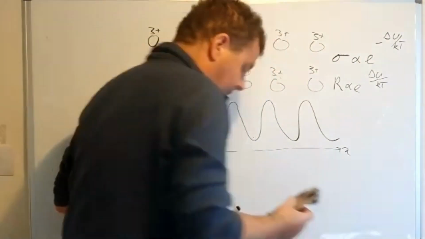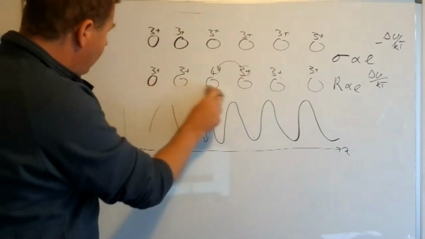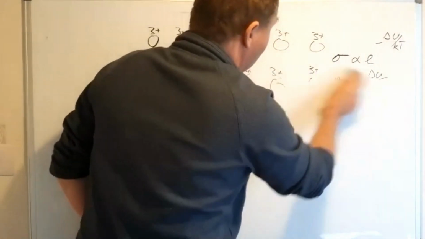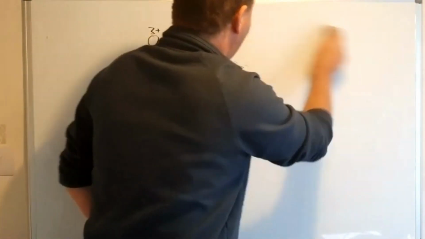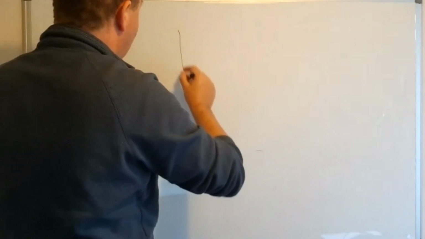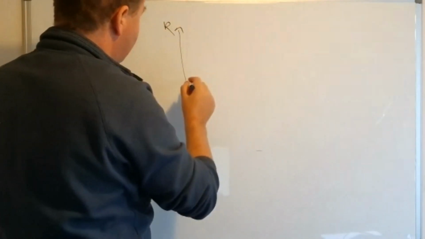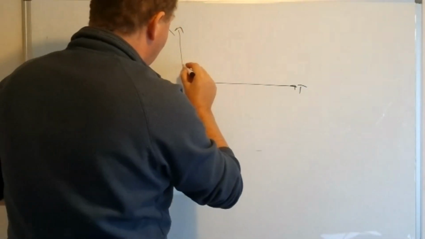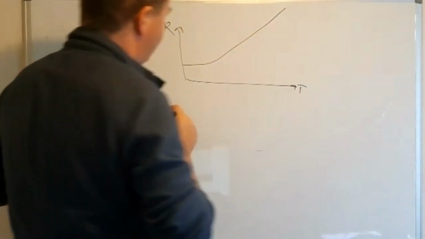Alternatively, if you don't want to do that, you can think about what happens just with a normal metal. And again, in last year's solid state physics module, you will have covered the resistance versus temperature for a metal. And it looks like that.